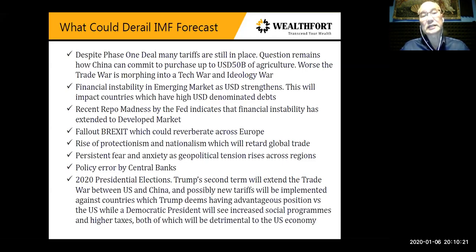So that is why that caught the US off guard, and since then they have been ramping up a lot of propaganda against China. And that is also at the same time when the trade war became a much deeper ideology war as well as a tech war. On the tech war side, the US has banned a number of Chinese companies from operating in the US, as well as implementing certain restrictions on China's access to US technology.